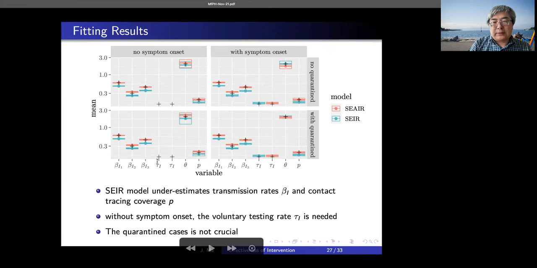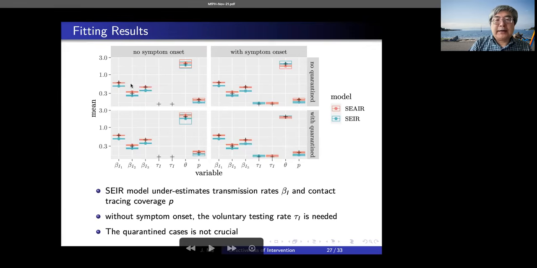As you can see, without the symptom onset data, we can't estimate at all, but we have to provide the tau I. It should just be a single column. It was a typo here. We should include tau I, so that if we give tau I without any symptom onset data, we can fit all these parameters. But if we include symptom onset data, we can estimate tau I.